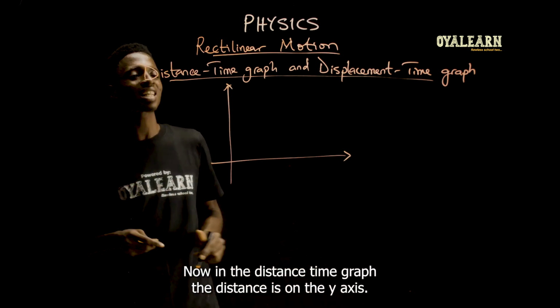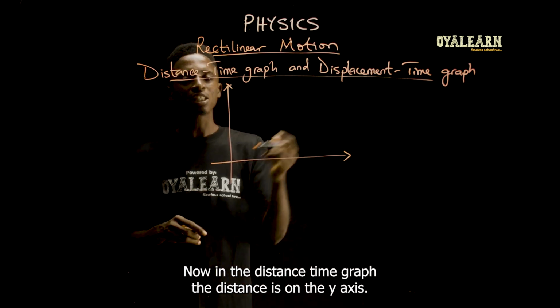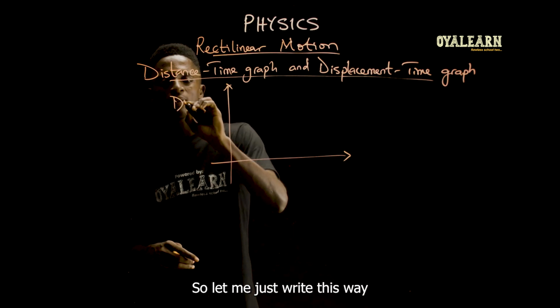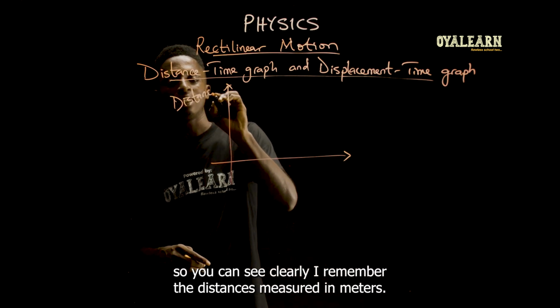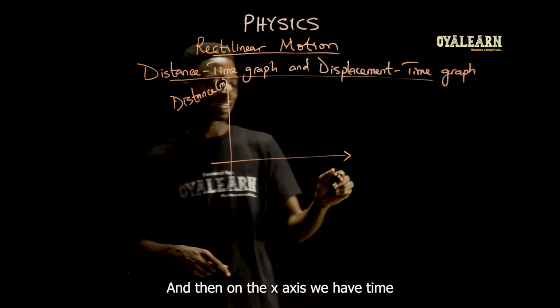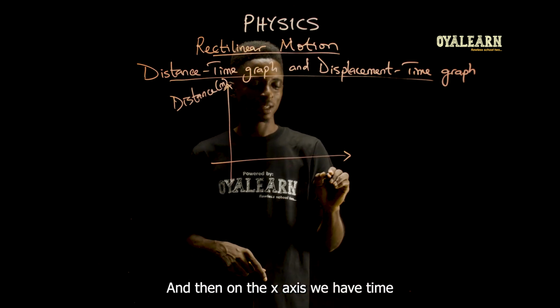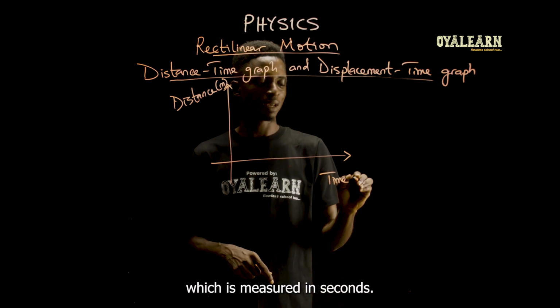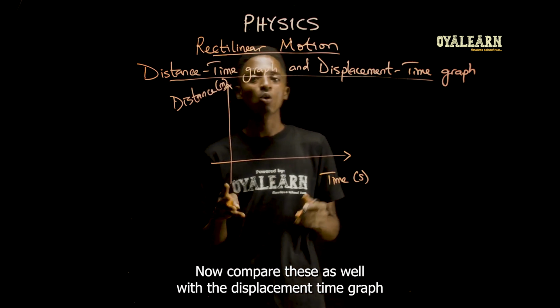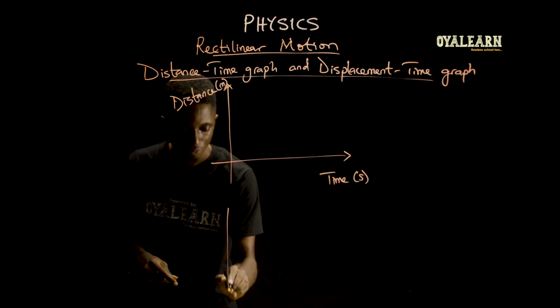Now in the distance time graph, the distance is on the y-axis, so this represents distance. Let me just write this way so you can see clearly. And remember, distance is measured in meters. And then on the x-axis we have time, which is measured in seconds. Now compare this as well with the displacement time graph.